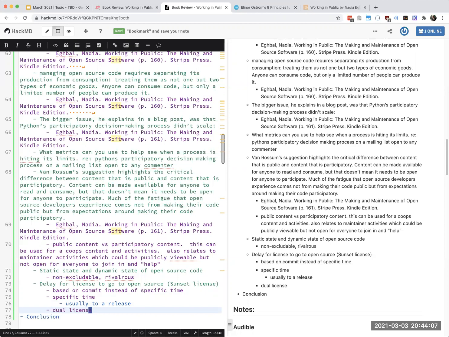But if it's dual license, period, like it's an MIT license, and then they have their other game they're playing with the delayed version. I'm assuming that if you go to their executable and then decompile it or reverse engineer it, they'll say no.